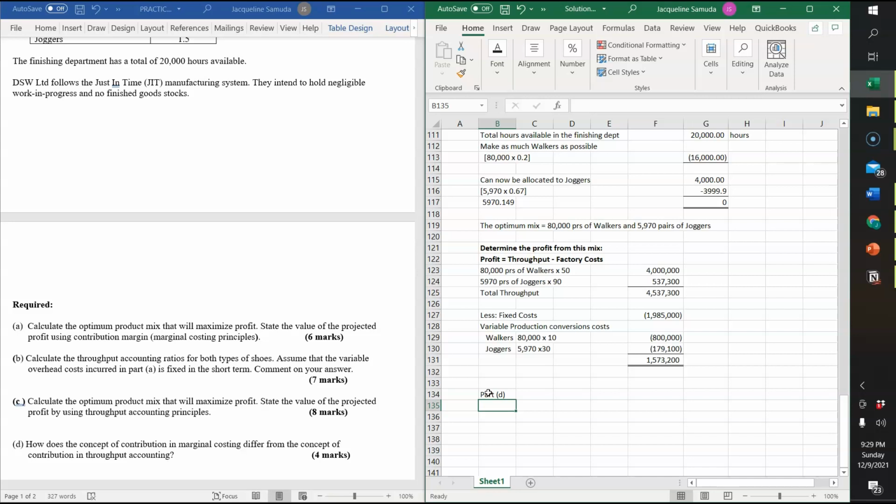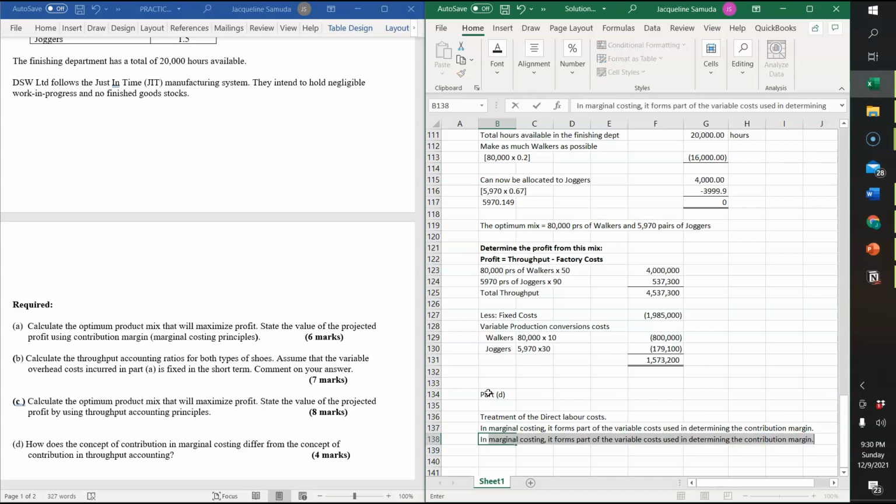But the main one that you saw being applied in the question was the treatment of the direct labor costs. So, you know, in marginal costing, it forms part of the variable costs, used in determining the contribution margin.